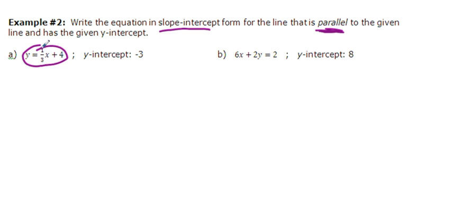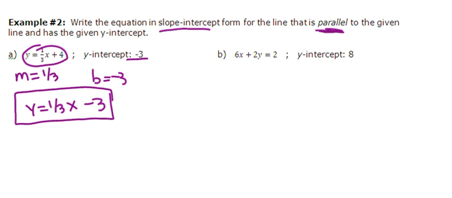The slope of this line is 1/3, so the slope of my line is also 1/3. It's also telling me that the y-intercept of my line is negative 3. Since I am given a slope and an intercept, I can write it in slope-intercept form right away. y equals 1/3 x minus 3.